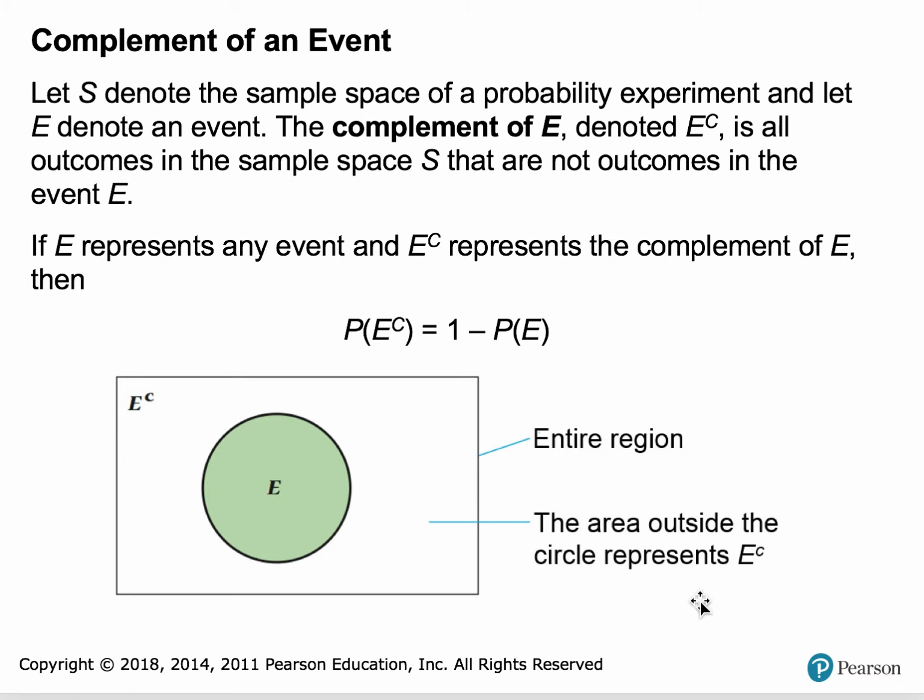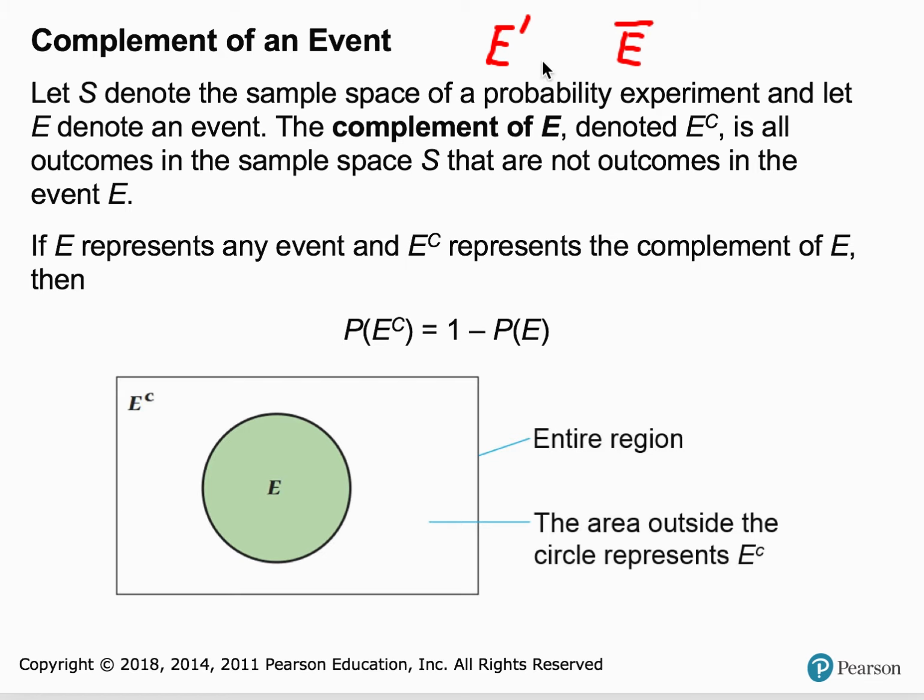Okay, now for the complement of an event. If S is the sample space of a probability experiment and E is the event, the complement of E, now they're doing this unusual notation. They're going to do it like this. It's way more common to see the complement written like this, sometimes even like this.